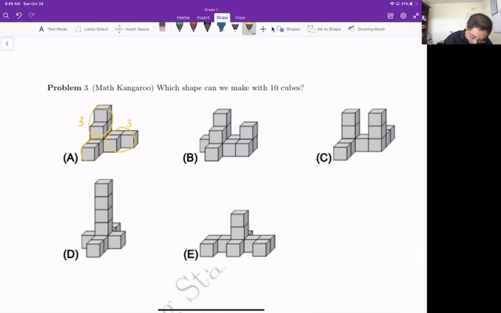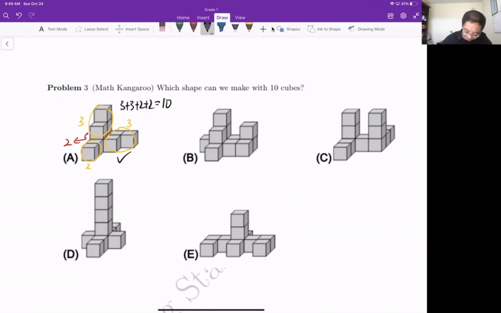And there we have 2. Now, do not forget that below this 3, there's another 2 here, which is not visible, but do not forget them. If we add together, 3 plus 3 plus 2 plus 2 equals 10. So we find A contains 10 cubes.